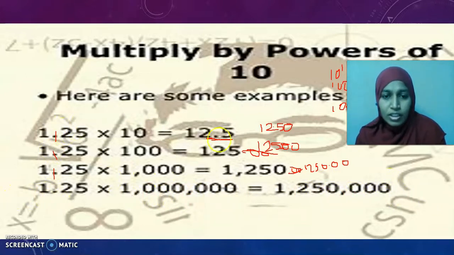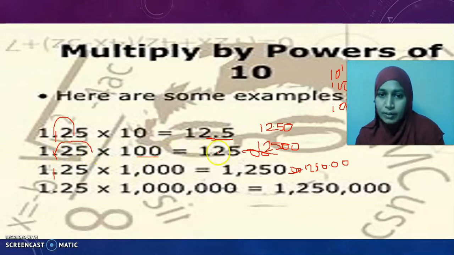Here, if I look at this, I could find one pattern in it. What is it? If I multiply by 10, the decimal point shifts only one place. See here, it moved from this place to this place. If I have 2 zeros, it shifts 2 places.